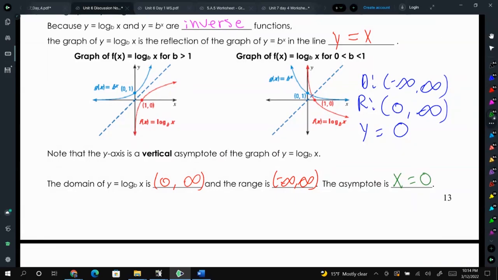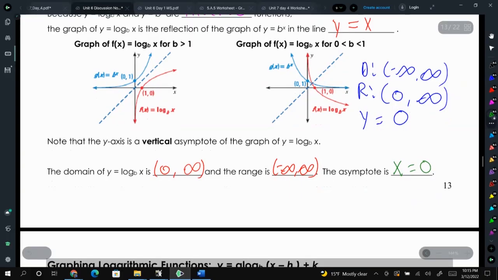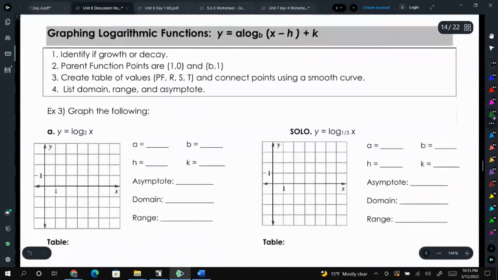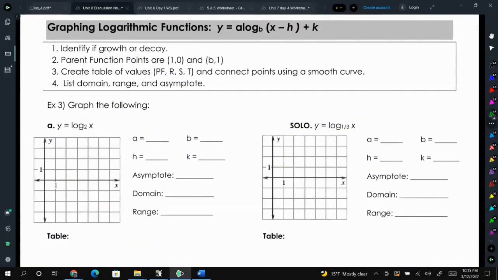So we're using that idea of inverses to help us build background knowledge for logarithmic functions. And our table, when we construct the table, we're going to use the same ordered pair, but switch them. Now let's look at the next page to see what we're talking about.